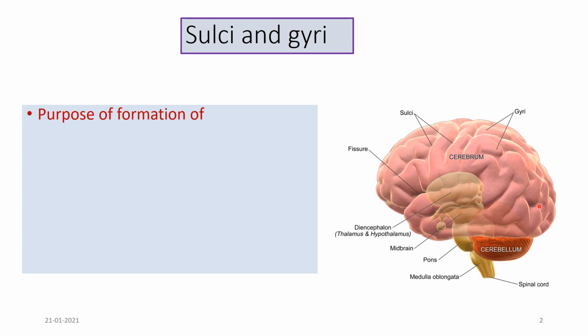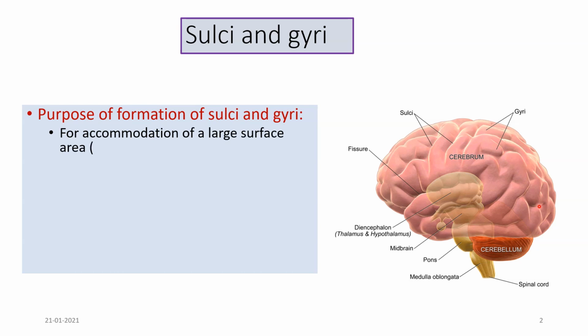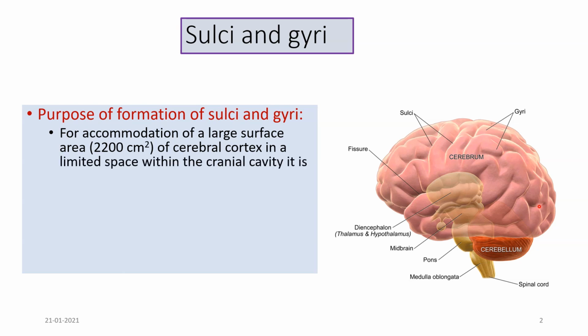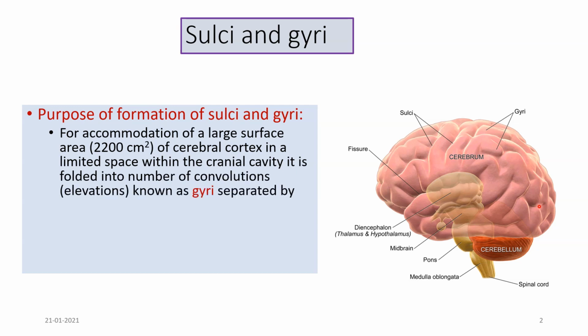So what is the purpose of formation of sulci and gyri? The purpose is for accommodation of a larger surface area, which is around 2200 square centimeters of the cerebral cortex, in very limited space within the cranial cavity.